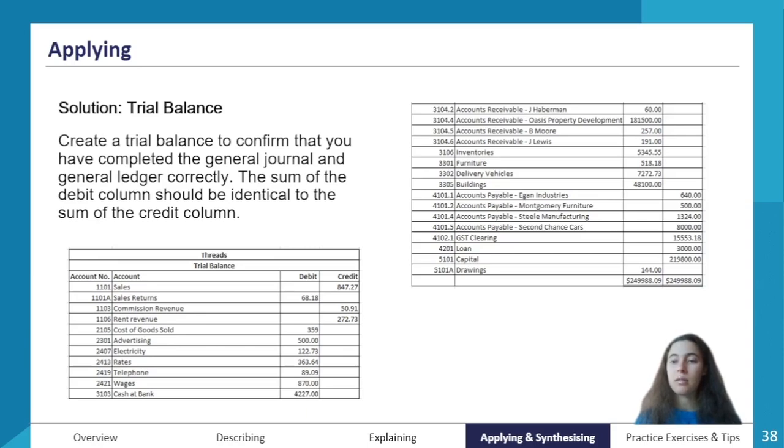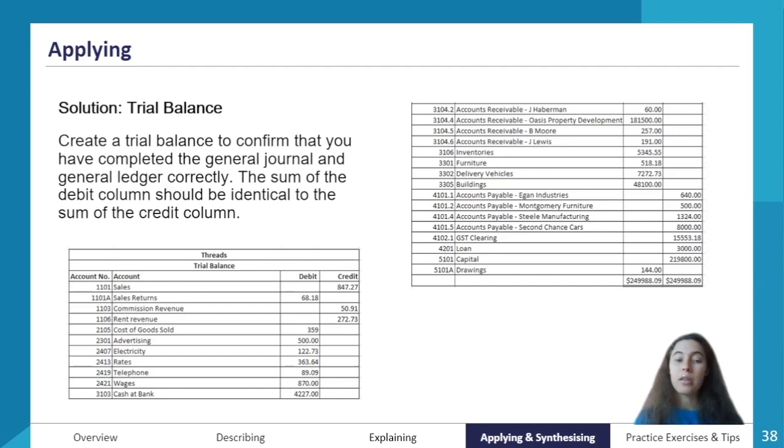Dollars and cents, there's only ever 2 decimal places. So for example, here for cost of goods sold, we've got $359 in the debit column, but we don't have the cents. So yes, it may be just 0 cents, but it is good to have that consistency with everything. So putting the decimal with the 2 zeros after that is going to allow everything to be uniform in the way that it is recorded.